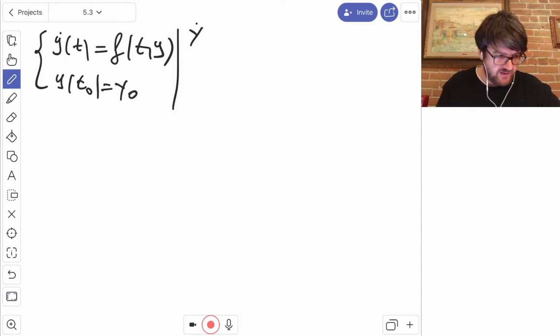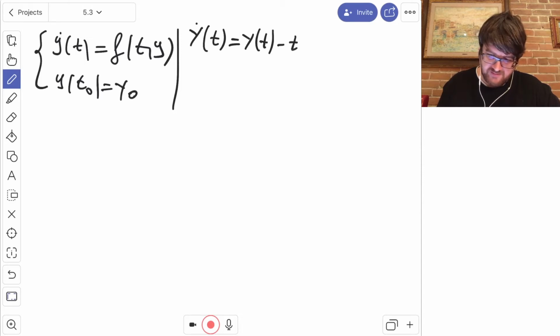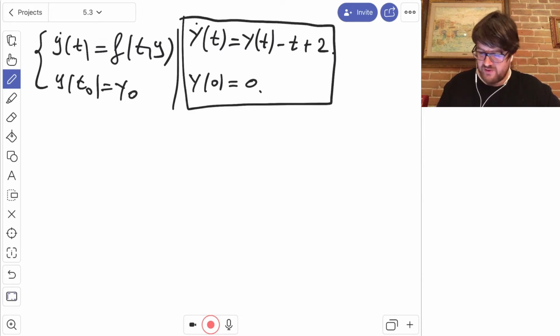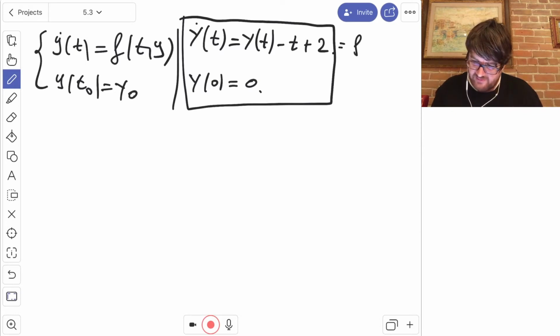So y dot of t equals y of t minus t plus 2, and y of 0 equals 0. So you can see clearly that this part is f here, f of t and y.